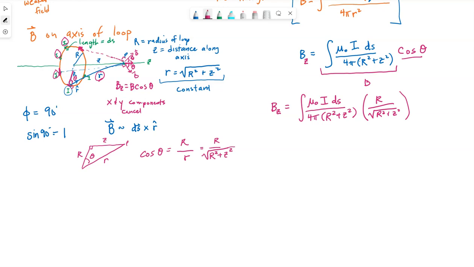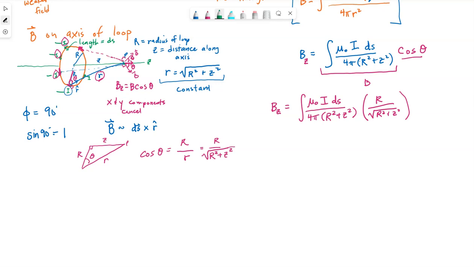Now let's think about what's changing. When I look back at my picture, I'm accounting for all of these little pieces of current. I'm imagining my loop is made up of a whole bunch of little pieces of current.